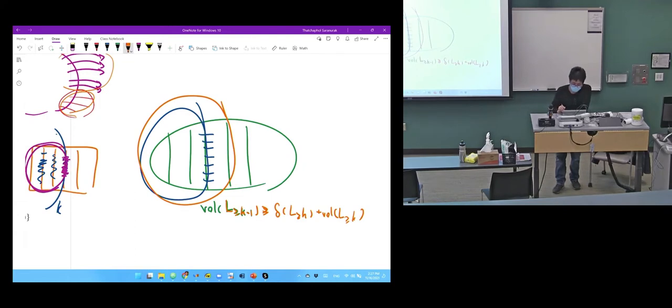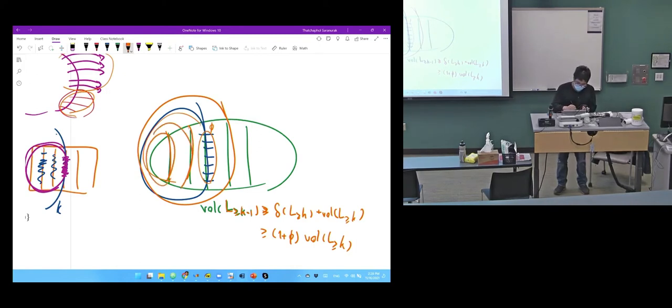Right? But if this thing is big, is phi fraction of the volume here, then this is going to be growing by a 1 plus phi over 20 factor of the previous layer. So if every layer is not sparse, then each time that you look into the next level, it grows by that factor.